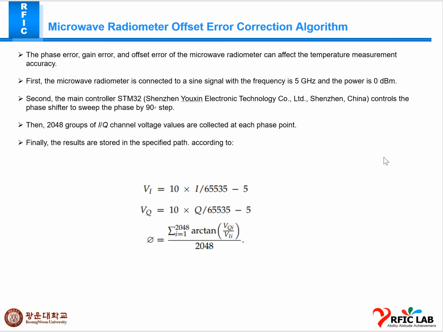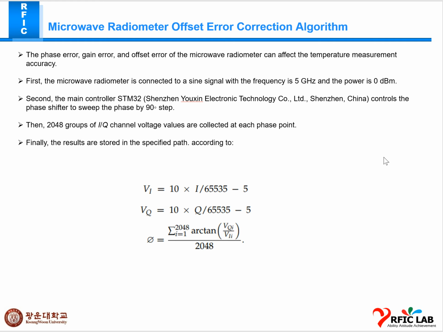In this slide on the correction algorithm, the phase error, gain error and offset error affect the temperature measurement accuracy. The microwave radiometer is connected with a sine signal with a frequency of 5 gigahertz and power of 0 dBm, and the main controller STM32 controls the phase shifter to sweep the phase in 90 degree steps.